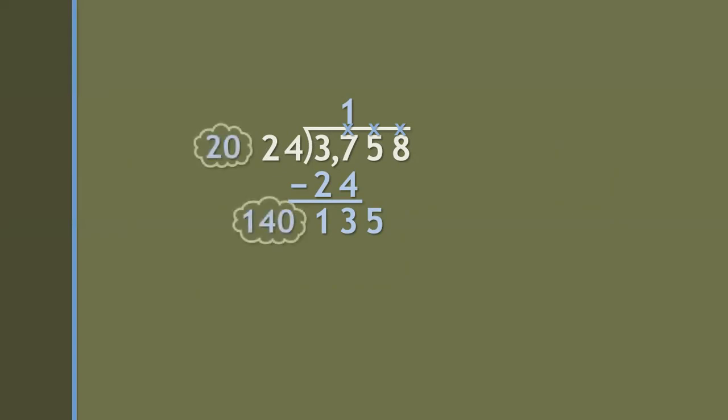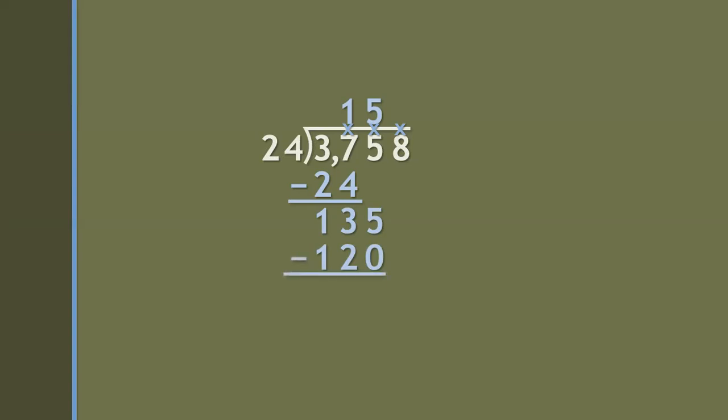We could do 20 and 140. We're going to get 5. 5 times 24 is going to be 120. So then we will subtract. We'll get 15. And we'll do it again. We'll bring down our 8.